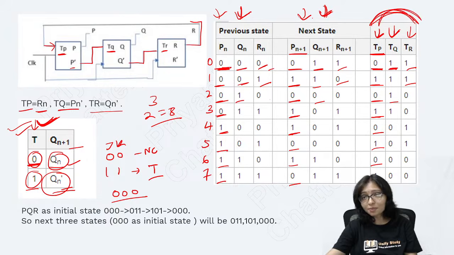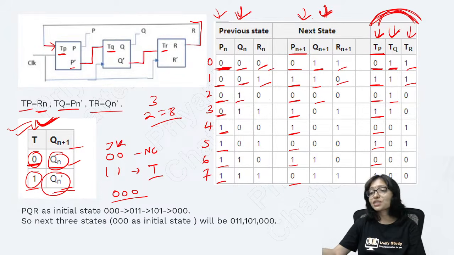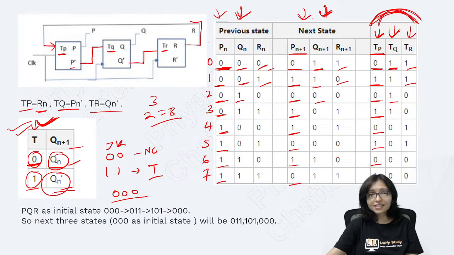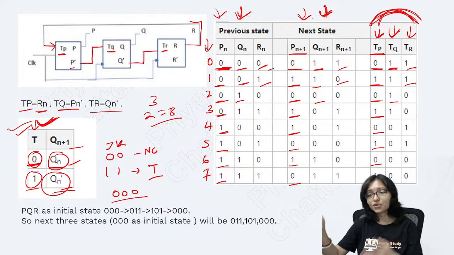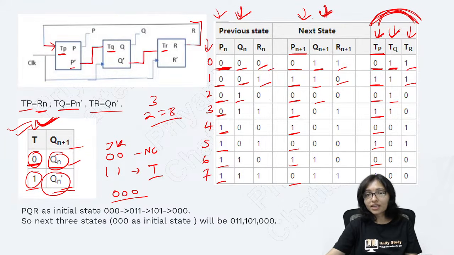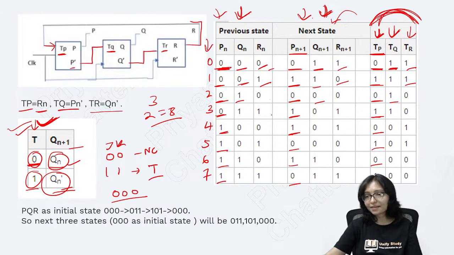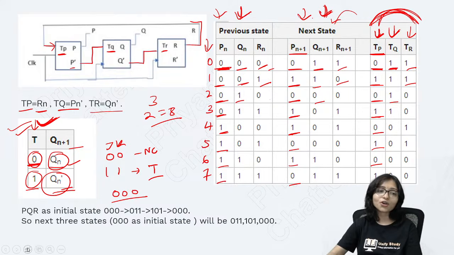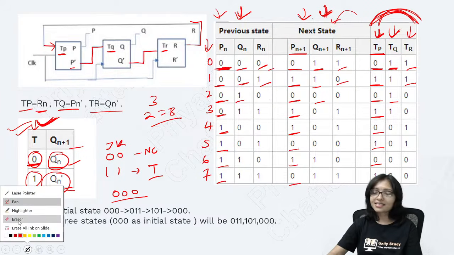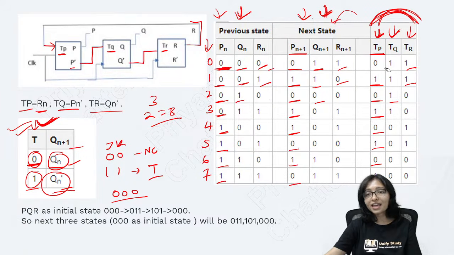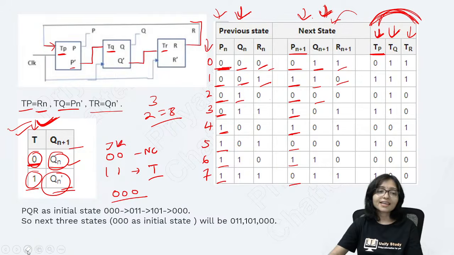You are telling this is 0 to 7, that is okay, I fill it, and regarding this value I will get this one, that is also okay. But TP, TQ, TR, how is it coming? Is it your doubt or not? Yes, that is a doubt.